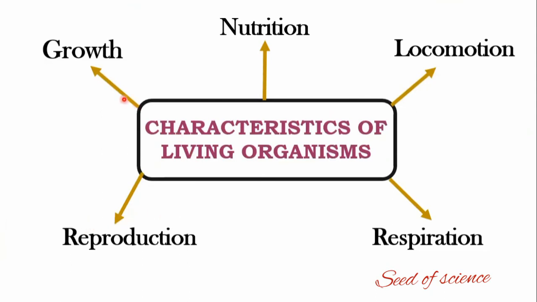Mainly we have 5 characteristics of organisms, right? The first one is growth, then nutrition, locomotion, respiration, and reproduction. Let's look at these 5 characteristics one by one.